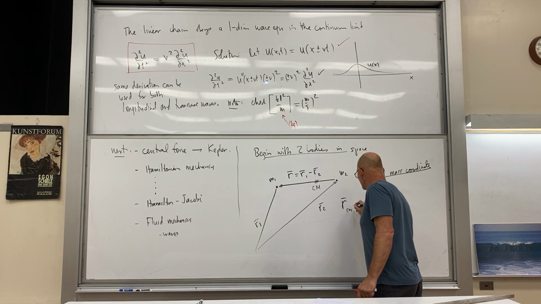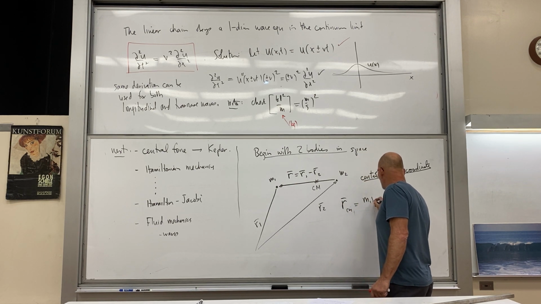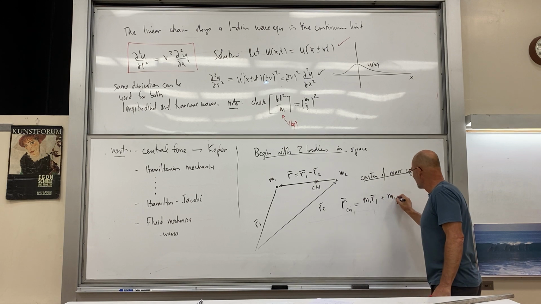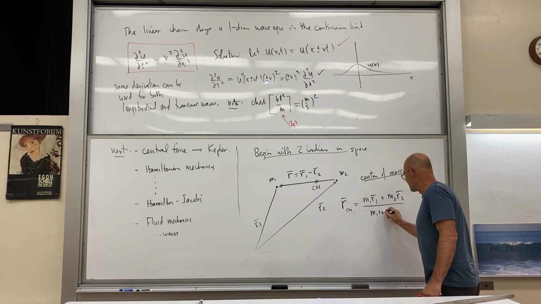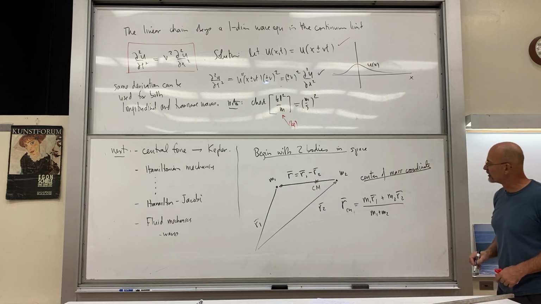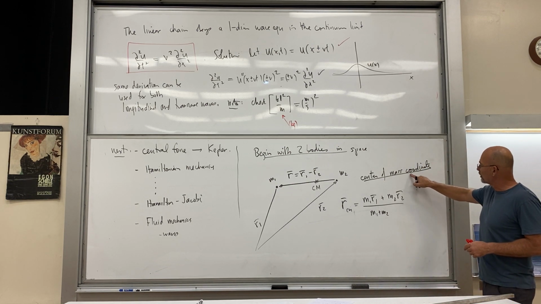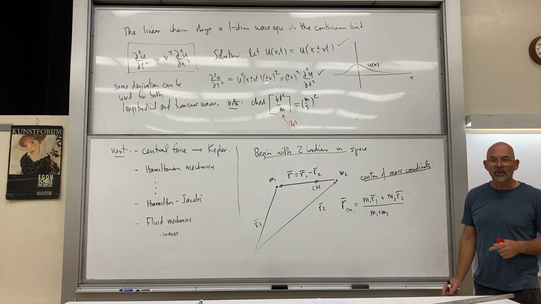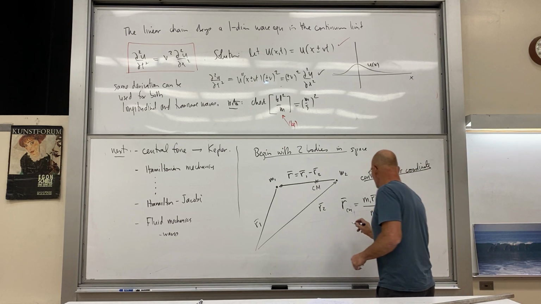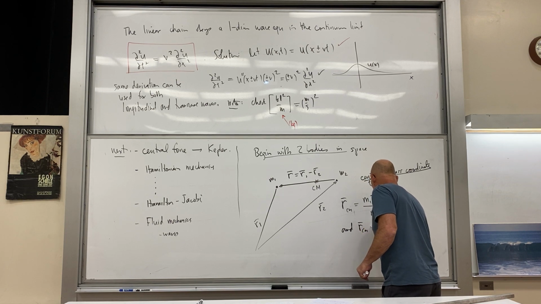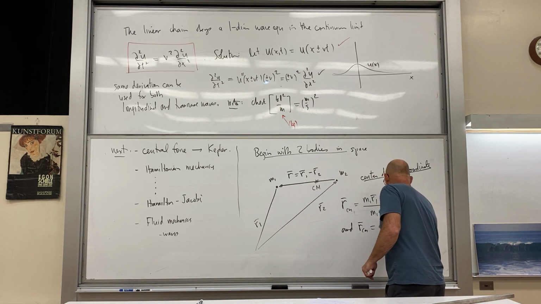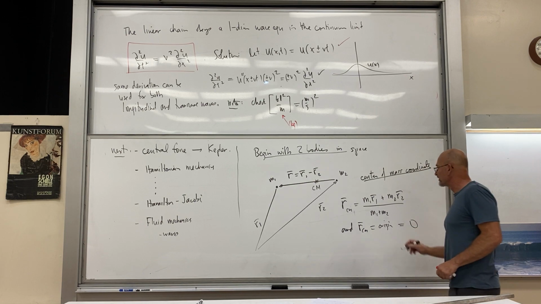R sub center of mass is m1 r1 plus m2 r2 divided by m1 plus m2. That's the center of mass. If we want to have center of mass coordinates, we can let that be the origin. And r center of mass, origin, so that is equal to 0.